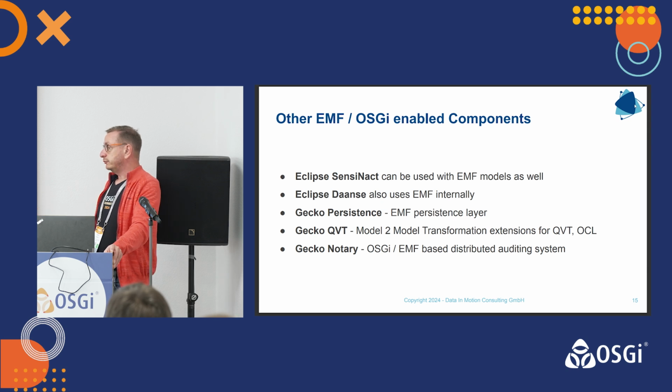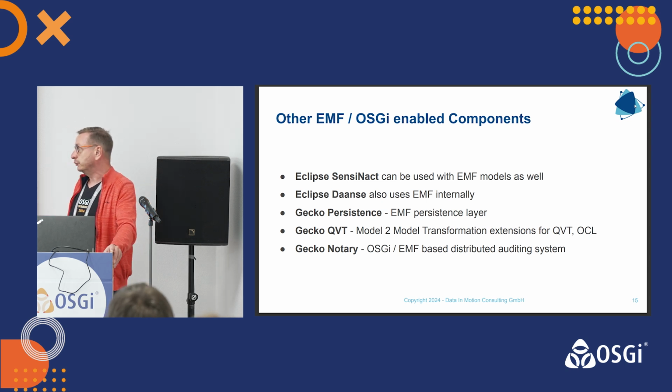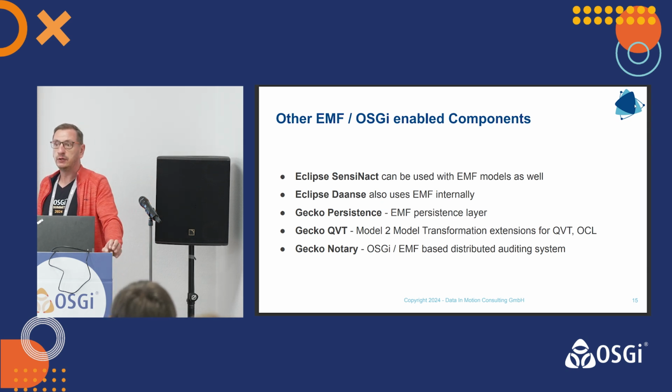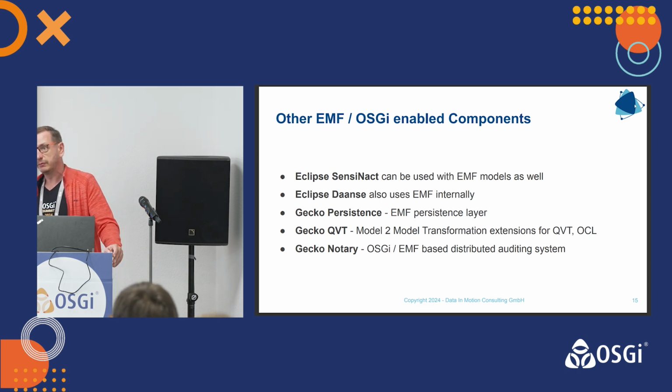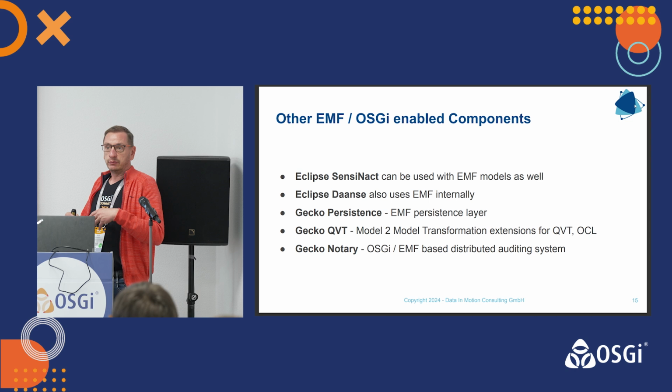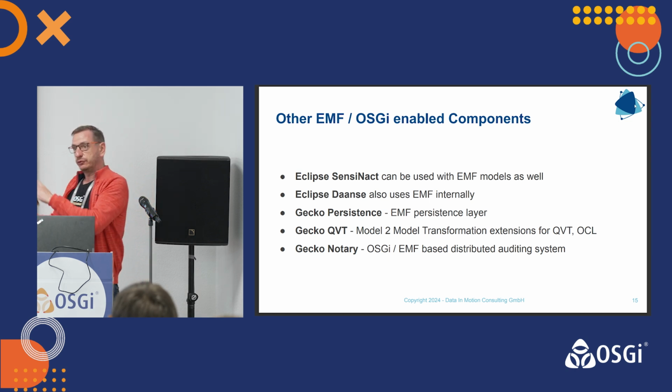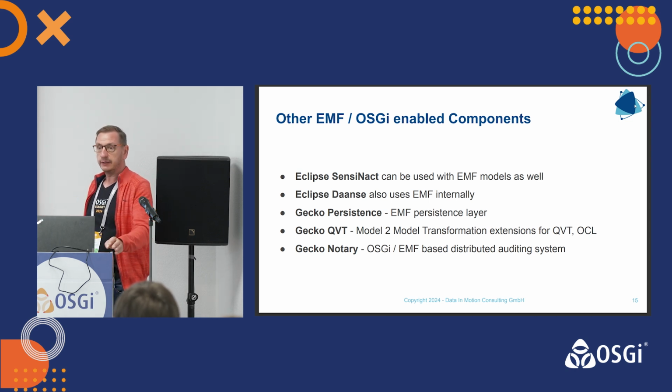In addition to that, we have our QVT. QVT is a standardized language for model-to-model transformation. You can not only map things from one attribute to another, you can also create structural changes in your models.